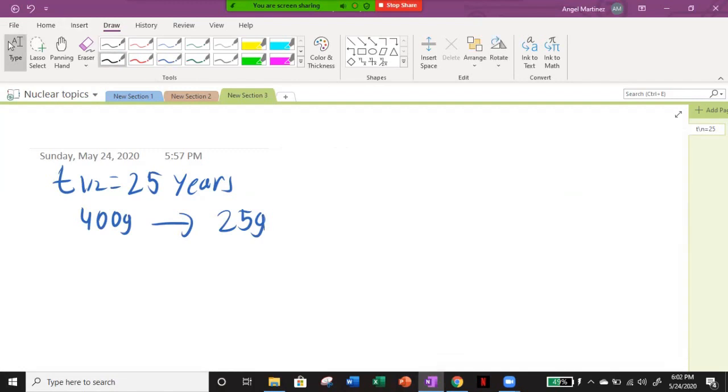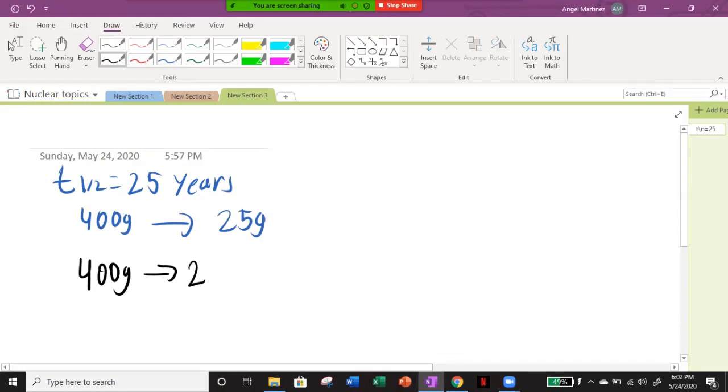What we have to do is start at 400 grams and then reduce it by half until we get 25. So 400 goes to 200. Then it goes to 100, divided by 2. Then it goes to 50. Then it goes to 25.